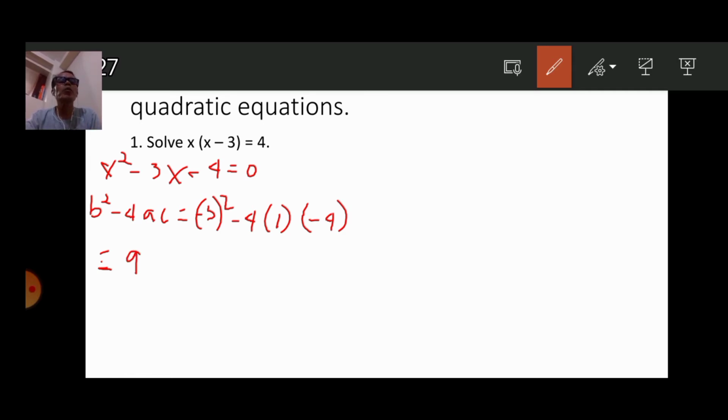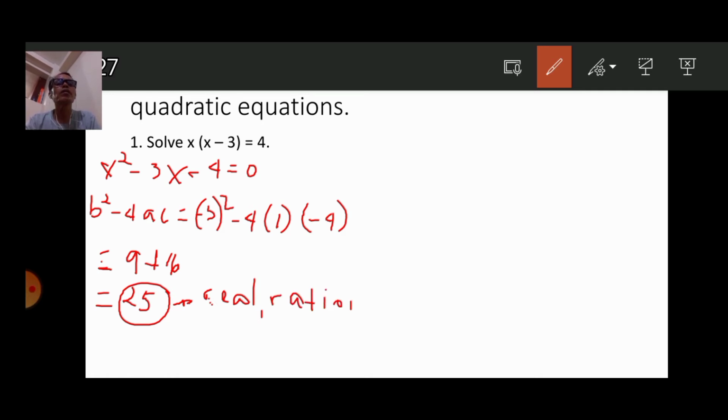Negative 4 times 1 is negative 4, times negative 4 is positive 16. 9 plus 16 is 25. Now 25 is greater than 0 and a perfect square. So therefore, the roots are real, rational, and unequal.